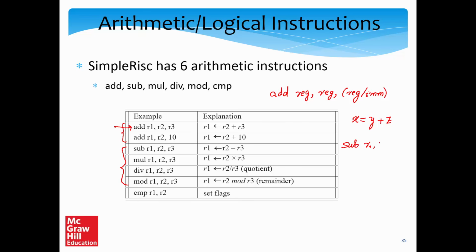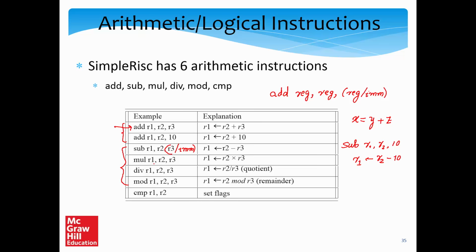So I can write very well R1, R2, and 10. So what this will essentially do is that it will set R1 to the contents of R2 minus 10. So I have not shown this case for lack of space, but the third operand can either be a register or it can be an immediate. Any register or it can be an immediate.